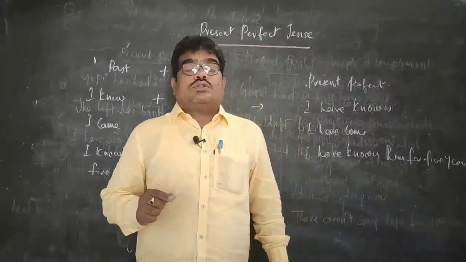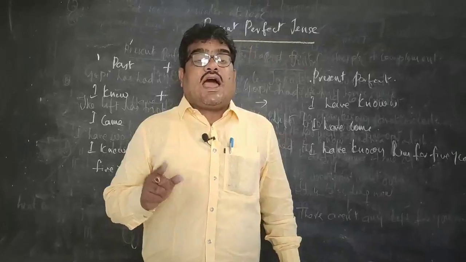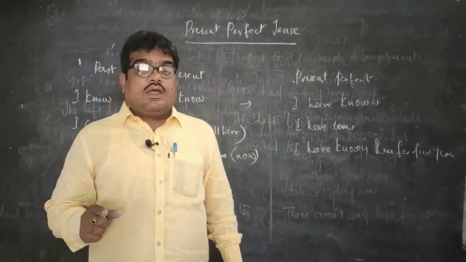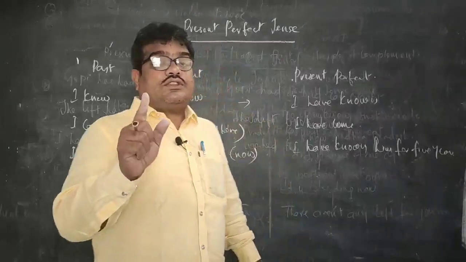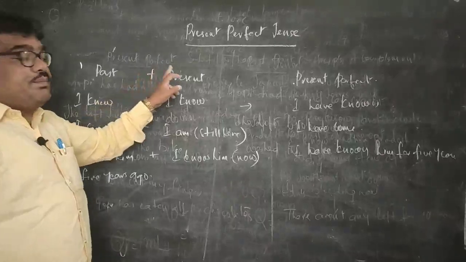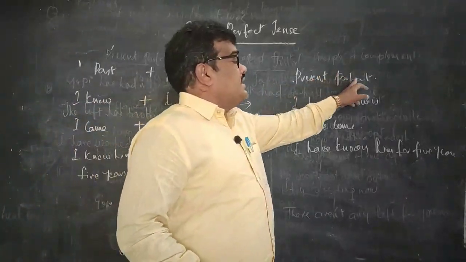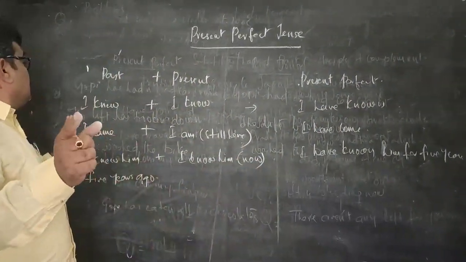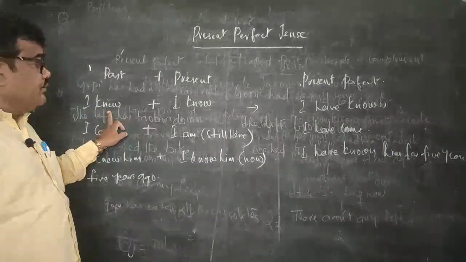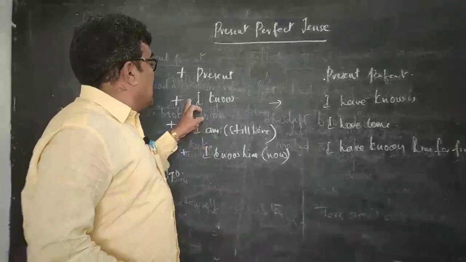I told you the present perfect tense has the link between the past as well as the present. I shall show you with these examples. Past plus present is equal to present perfect tense. You take the sentences: I knew, plus I know.